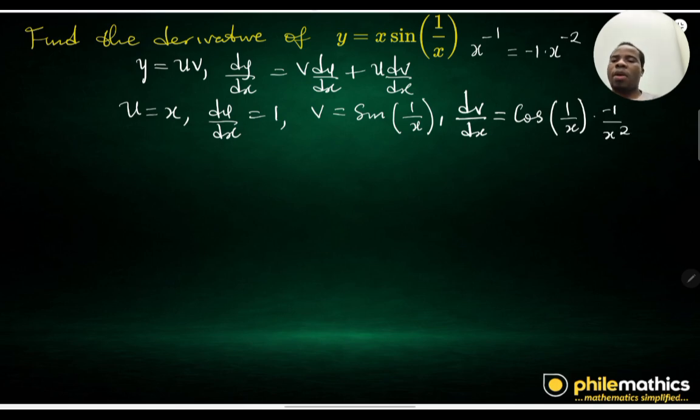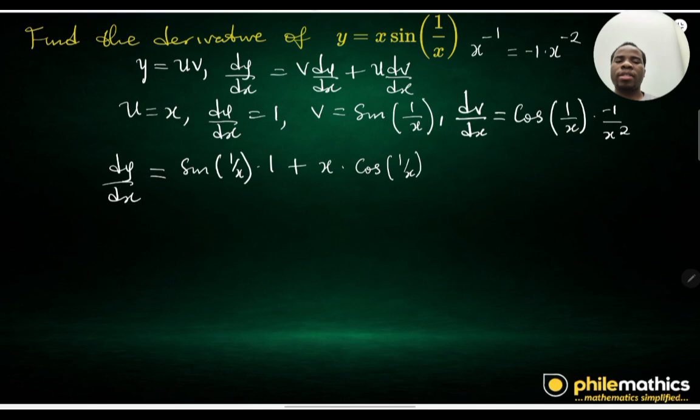So our dy/dx will leave us with v, which is sine of 1 over x, times du/dx, which is 1, plus u, which is x, times dv/dx, which is cos 1 over x times minus 1 over x squared.